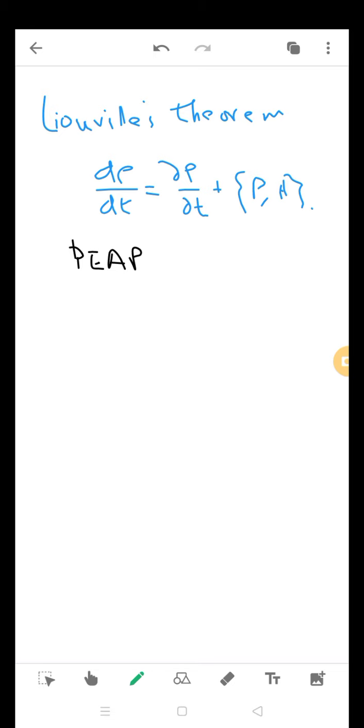Now, to further add to it, any choice of rho, any choice of the density function, is actually the ensemble that we have discussed earlier.